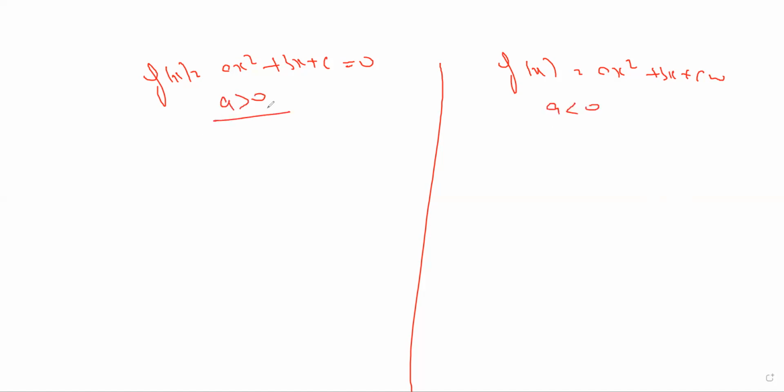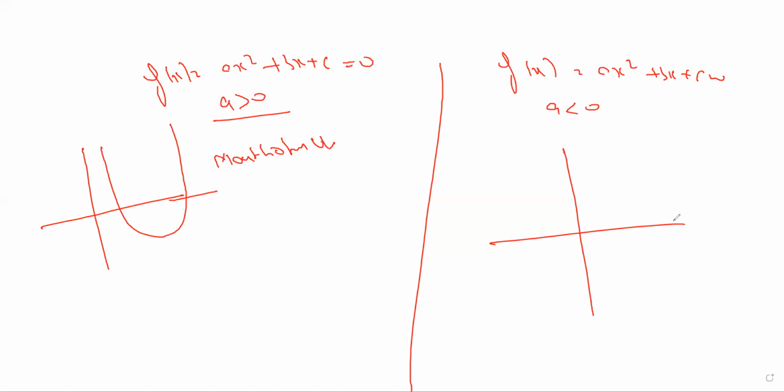If a is greater than 0, it will be mouth opening upward. If a is negative, it also has an implication, and I'll explain it in the next class, when we talk about maximum and minimum in the quadratic equation. For now you just need to understand through the graph. If a is less than 0, the graph would be like this.